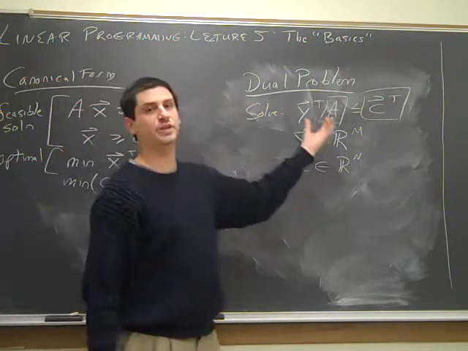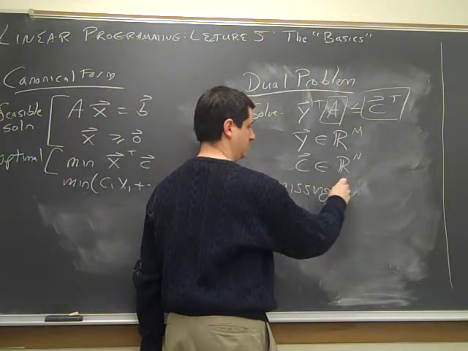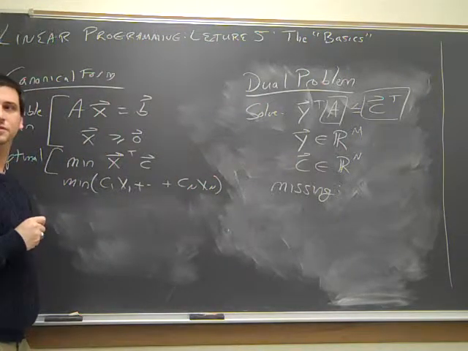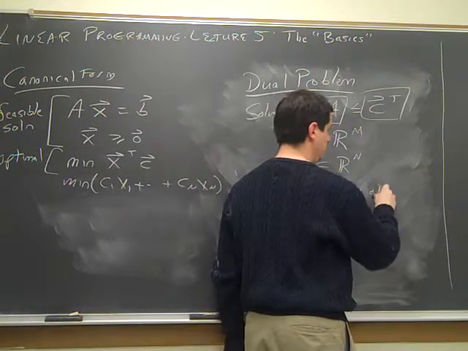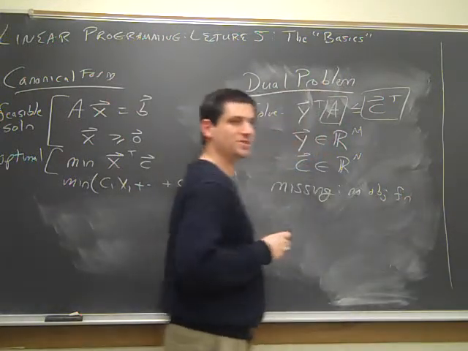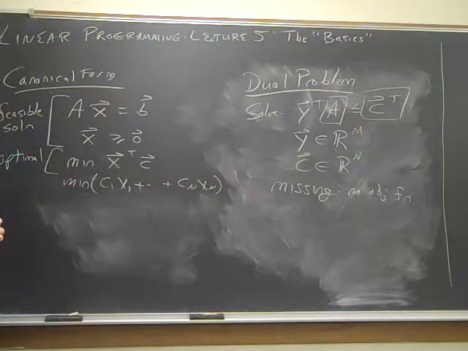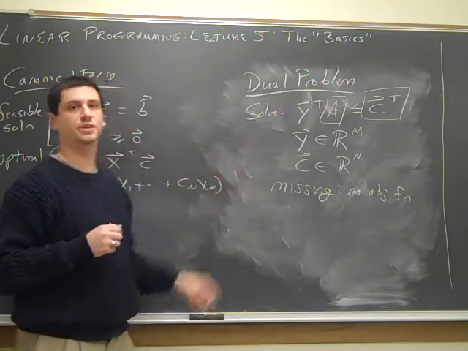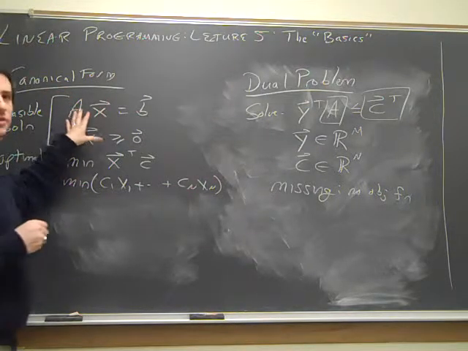It did not make it over here. Oh, there's no objective function. What else is missing? The constraint for y? Well, we have a constraint. It's a different constraint, but we do have a constraint for y. But there is something else that's missing, something else on this side that didn't make it over.